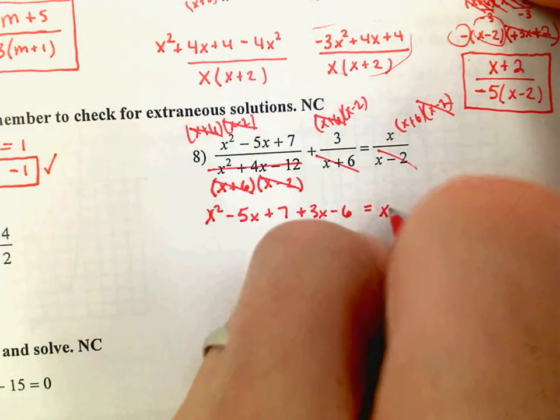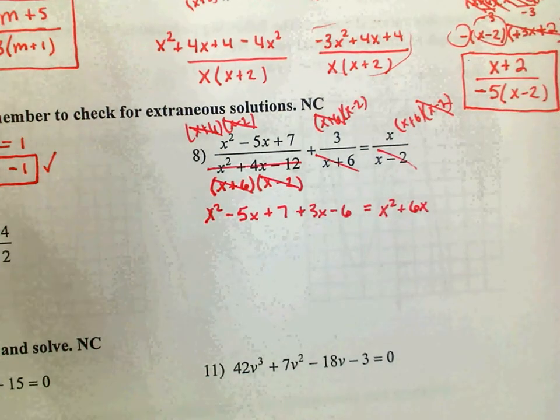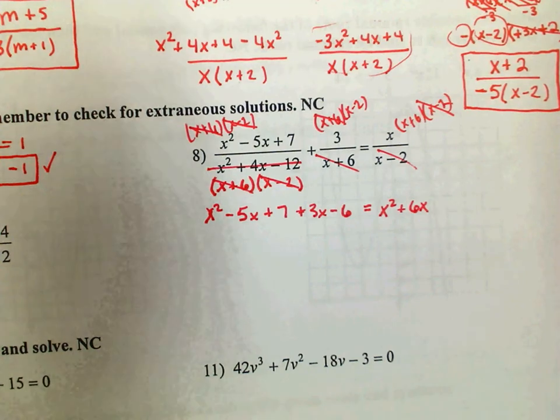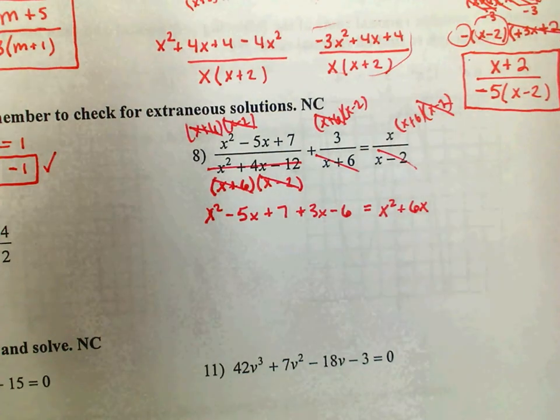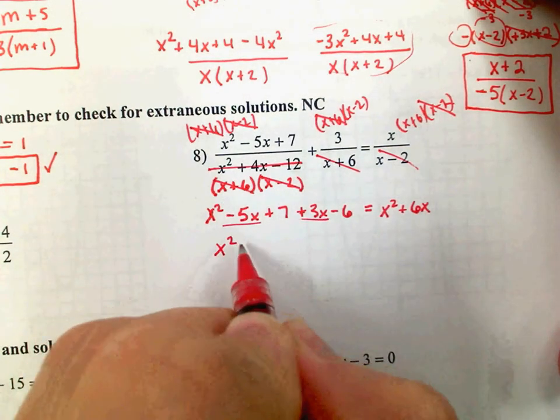Okay, now we've got a lot of terms, so let's do some cleaning up. The first thing I see on the left is that we can combine like terms. So I see a minus 5x and a plus 3x. That would be minus 2x. And I see a 7 minus 6. That would be plus 1.